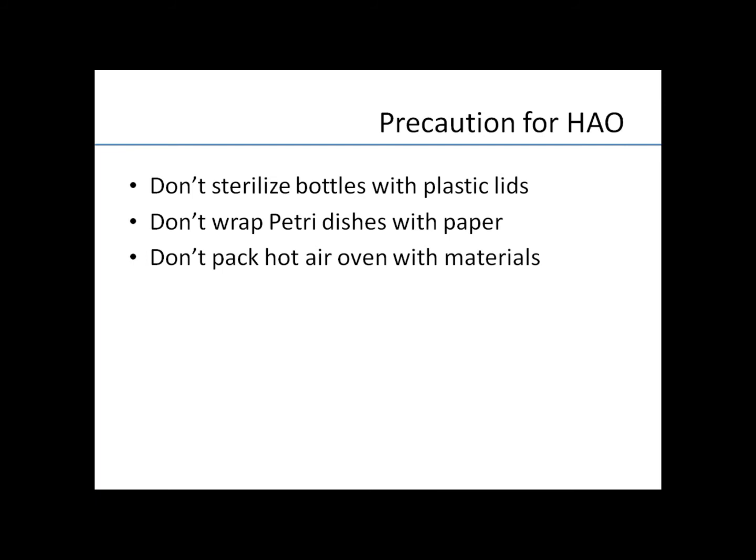You should keep some space inside the hot air oven so that the hot air can circulate freely in all the corners or places and come in contact with your materials. So the hot air oven should not be fully packed. In that case, if your hot air oven is fully packed, you may not get your materials sterilized properly.